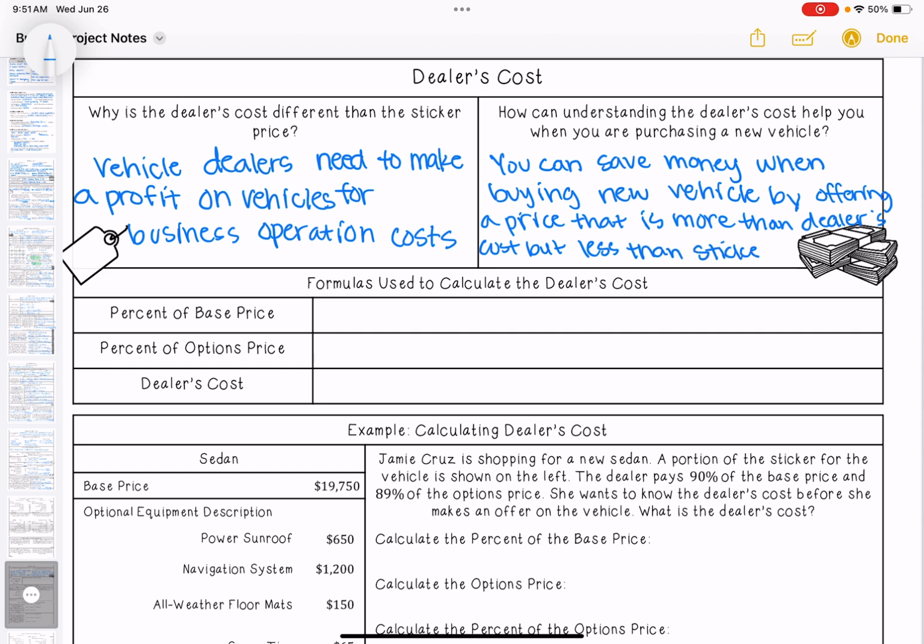So you can save money when purchasing a new vehicle by offering a price that is more than the dealer's cost but less than the sticker price.